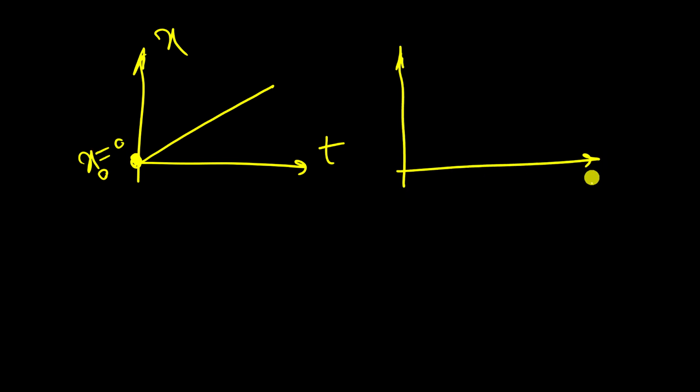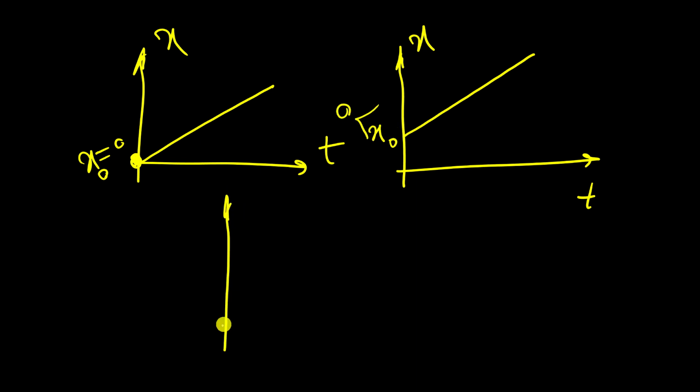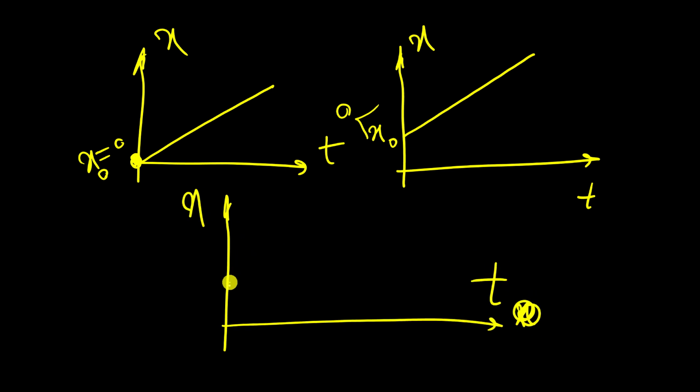An x graph like this, which has an initial position of x naught here, is a positive initial position, and the x graph like this will have a negative initial position. It is not that important. Initial position could be negative, could be positive, could be 0. So you will start from any arbitrary point as you wish.